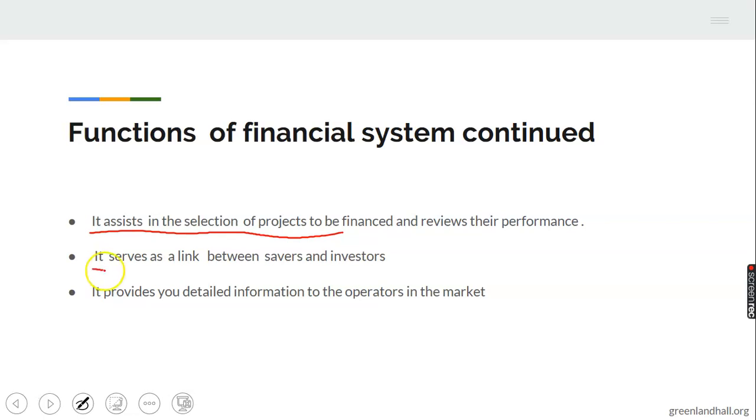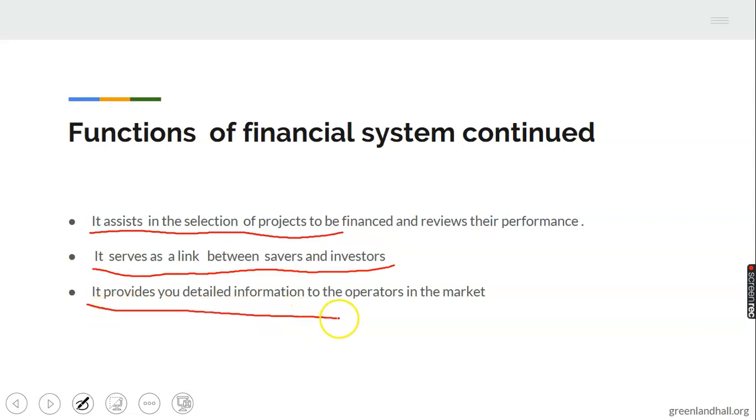In addition, it serves as a link between savers and investors. So financial system is the one that actually connects those people that want to keep their funds and financial resources with those people that actually want to make use of such funds, that is the investors.